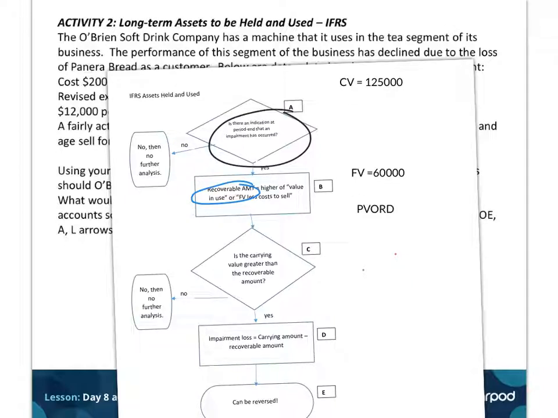Okay, so to do that, I'm going to need a factor. I'm looking for the factor here for n equals 10 and the interest rate of 6%, because the problem gives you that.